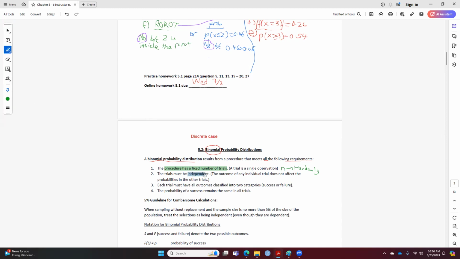The second requirement says that it has to be independent. What is the meaning of the word independent? Independent means that the outcome of an individual does not affect the probabilities of the other outcome.